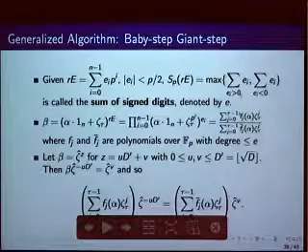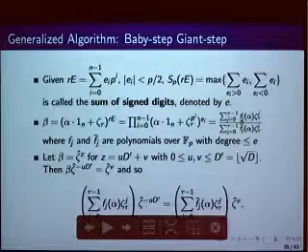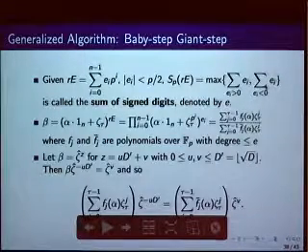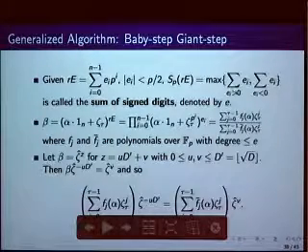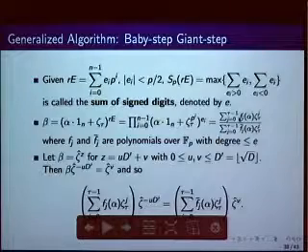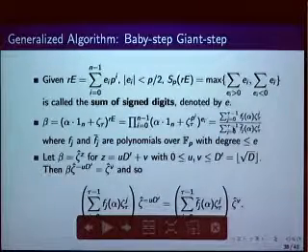They determine the degrees of the numerator and denominator. So if the sum of signed digits is small, this beta is a rational function of smaller degree.